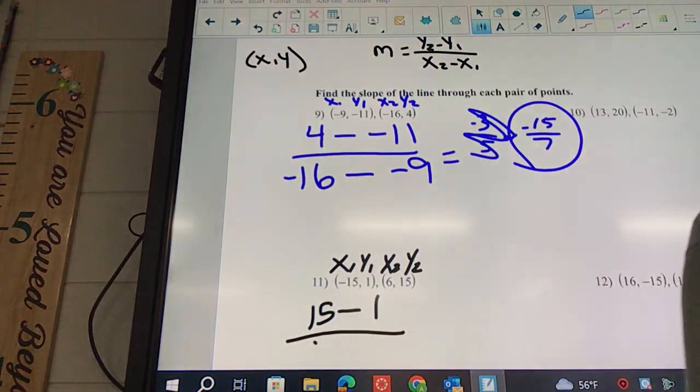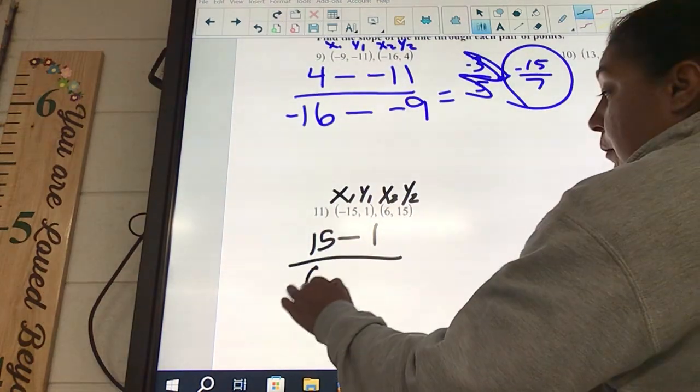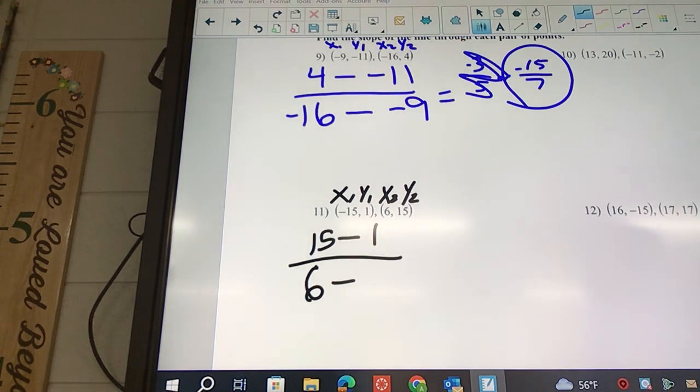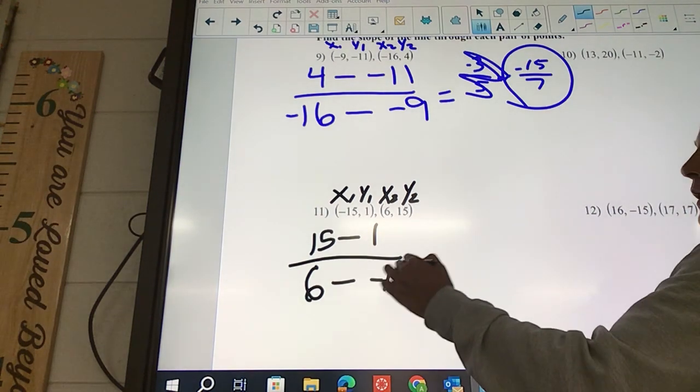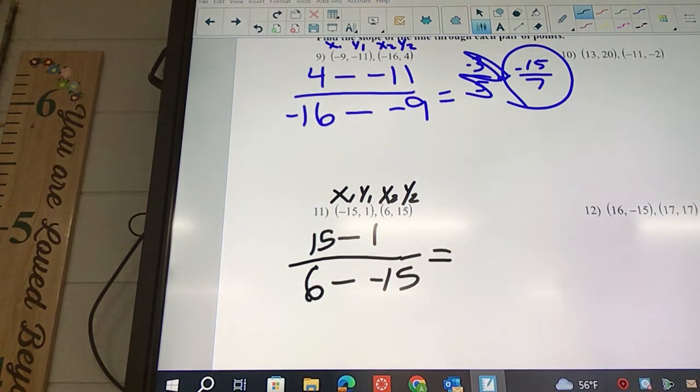What's my x2? 6 minus x1. Negative 15. Okay, type it in your calculator, see what you get. Two over 3. Somebody agree?